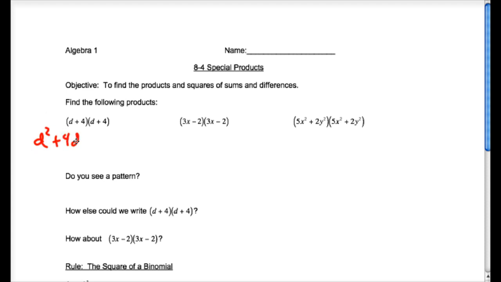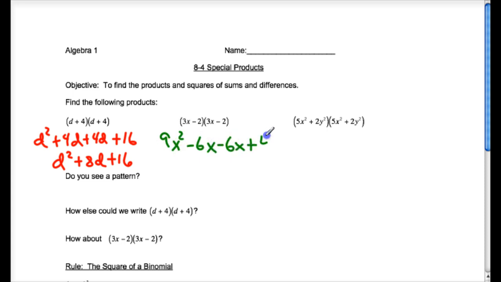First, outside, inside, last. Combine those two terms, please. First, outside, inside, last.